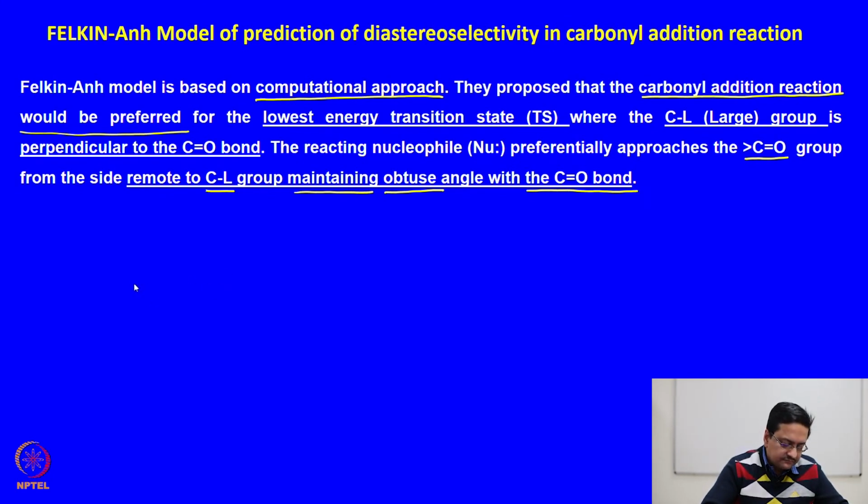So, suppose for a particular compound you can have two different orientations in the transition state.